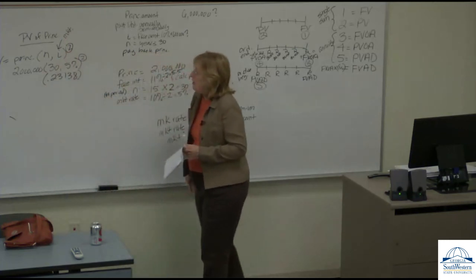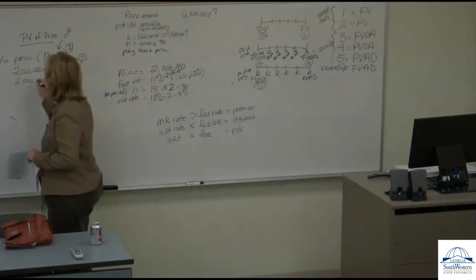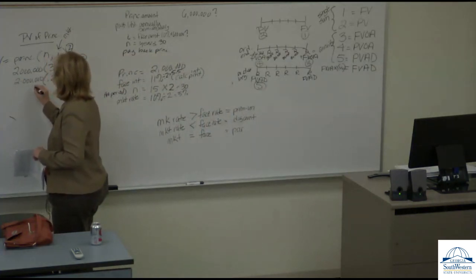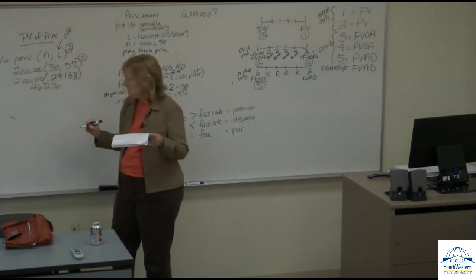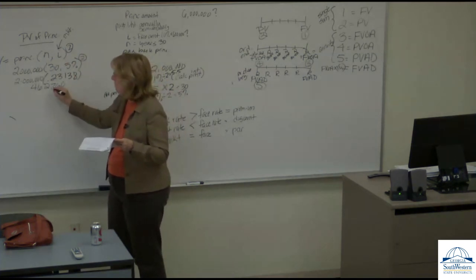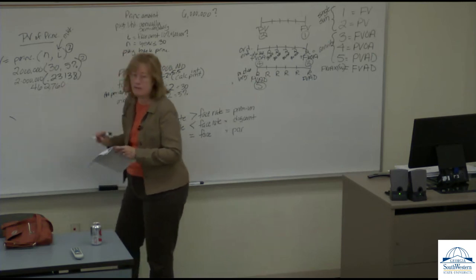Okay. All right, so we multiply the principal amount times this number, and we get 46,276. Is that right? Maybe with another 0. Multiply that out for me. Okay, that's right.